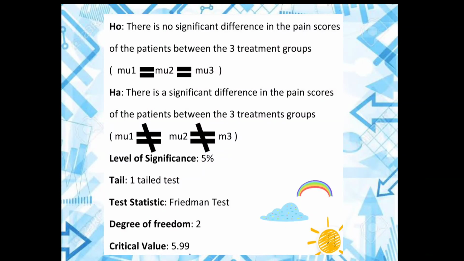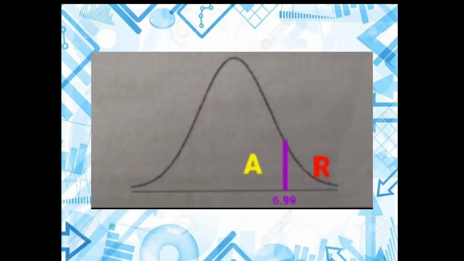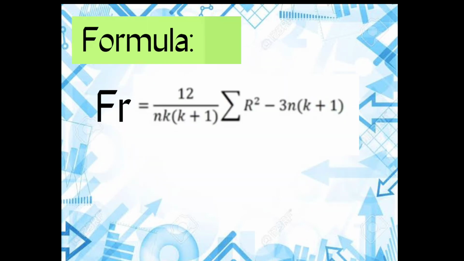This is the summary for us to see and review. So this is our area of rejection and acceptance with a critical value of 5.99. So this is our formula.